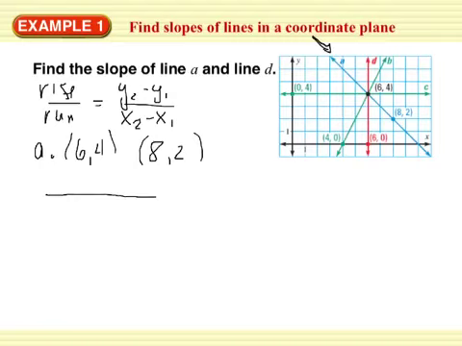So I'm going to do y2 minus y1, 2 minus 4, and then x2 minus x1, 8 minus 6. 2 minus 4 is negative 2. 8 minus 6 is 2. Your slope is negative 1.